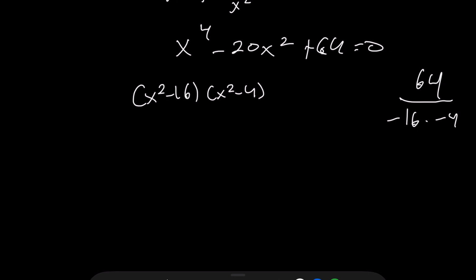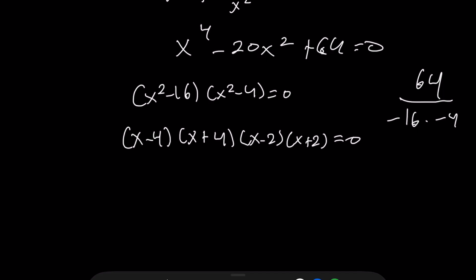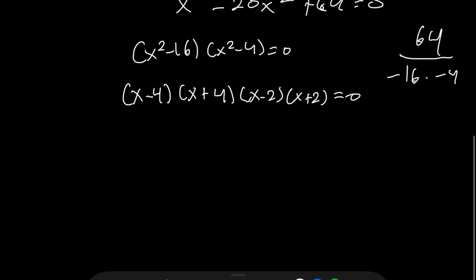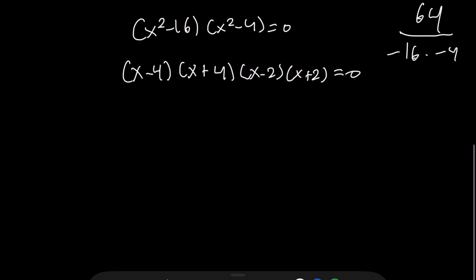So this actually factors really nicely into x squared minus 16 and x squared minus 4. And if you guys know, both of these are differences of squares, so this gets broken up quite nicely. Okay, so our 4 x coordinates are x equals plus or minus 2 and x equals plus or minus 4.